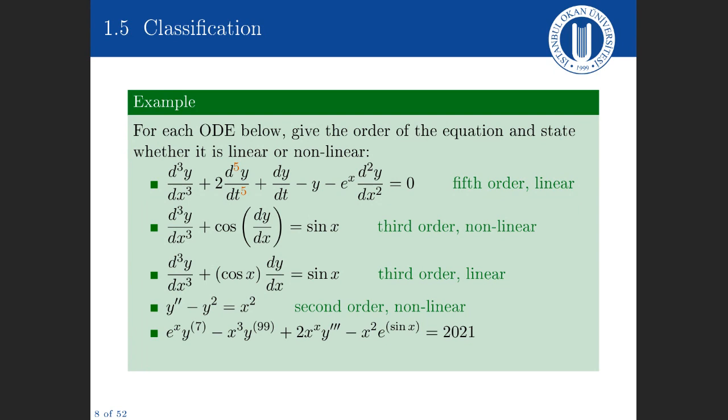And one more. e to the power x, 7 derivatives of y, minus x cubed, 99 derivatives of y, plus 2x to the power x, y triple prime, minus x squared, e to the power sine x is equal to 2021.